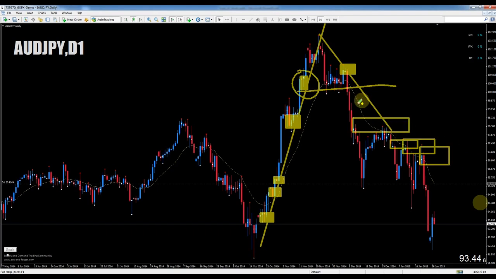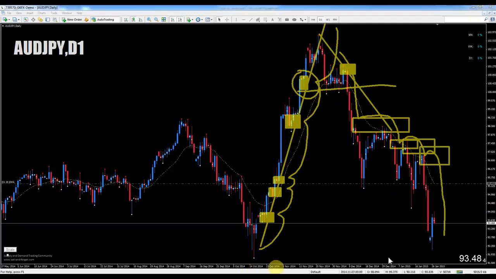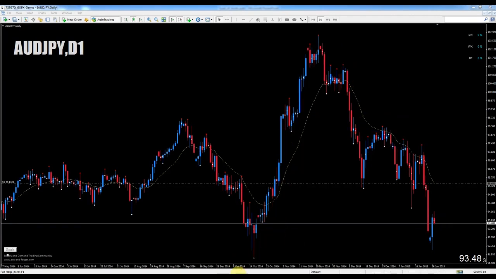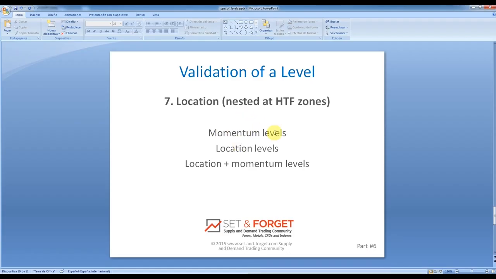So we've got several momentum type of trades. They go with the downtrend now on the daily, whereas these were going with the uptrend momentum on the daily. Those are the momentum type of levels that we describe here.